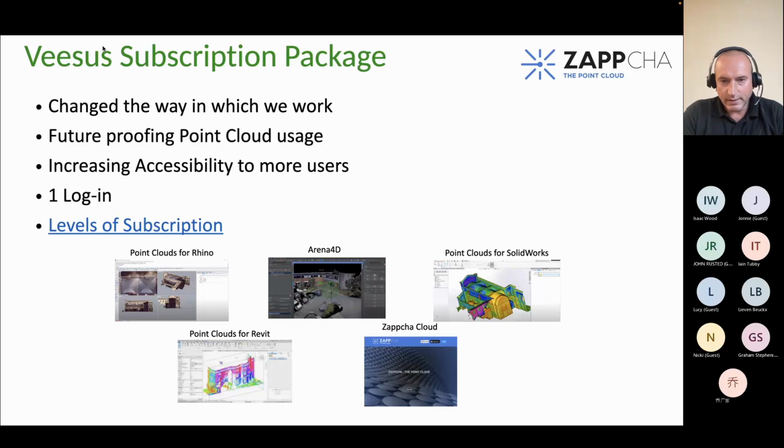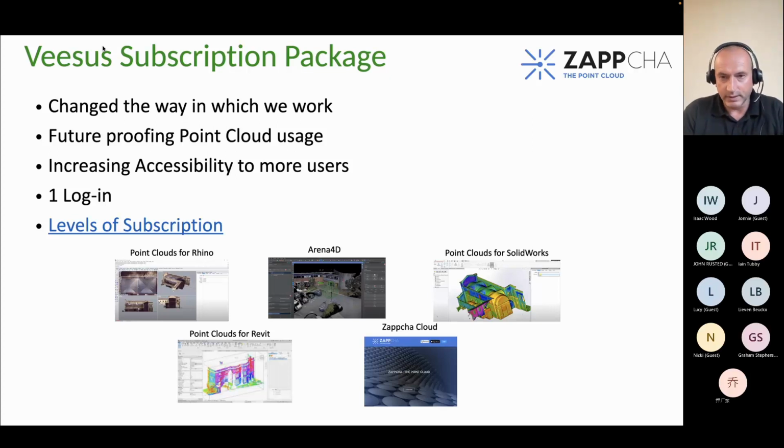So the cloud service effectively made us think about how we can get more people more access to all of our software. What I mean by that is, if you were using Rhino, you might not necessarily want to go and spend another few thousand pounds on Arena 4D because it's too much money. It's too much of a step for you.